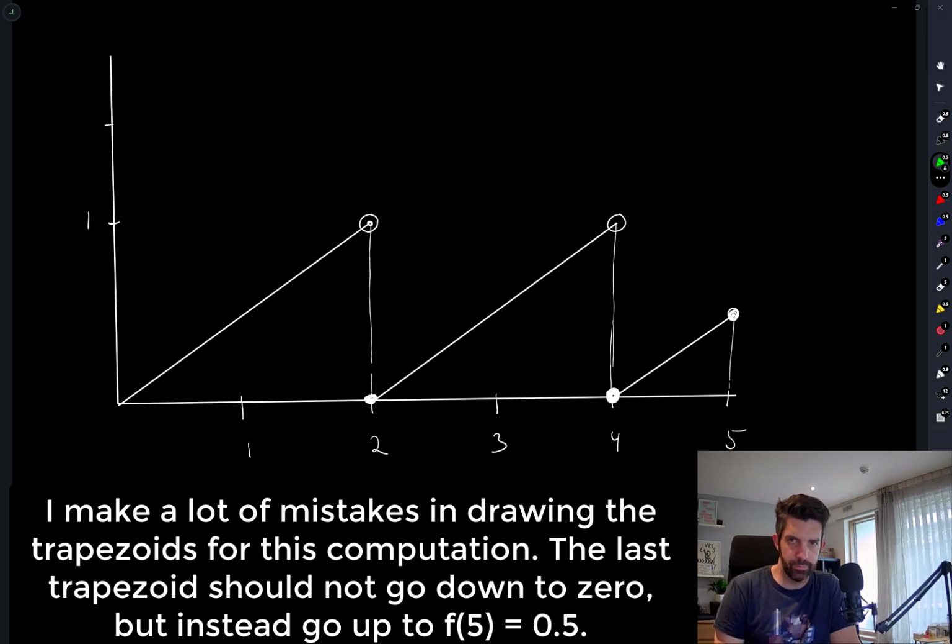If we use three strips, 5 over 3. It's a little bit less than 2, right? So you'll have one there and one there. Maybe this would give us an overestimate.